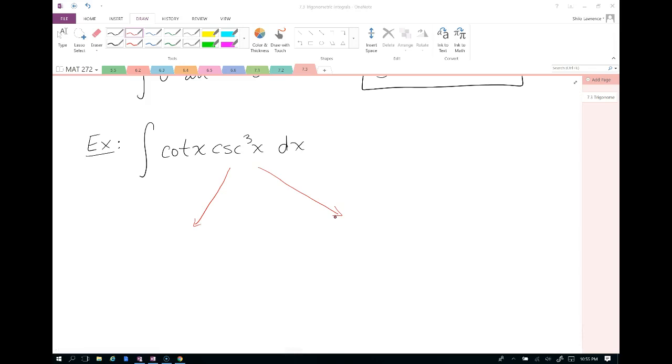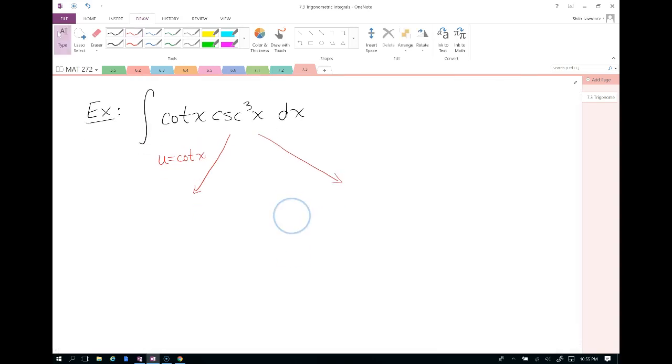So if we were going to do a u substitution for cotangent, the derivative of cotangent involves cosecant squared. So we would have to make sure that in the process of doing this u substitution, there was a cosecant squared in there that could cancel when we brought the du back in. So I'm going to look at my original problem.